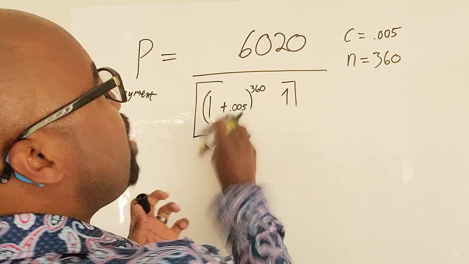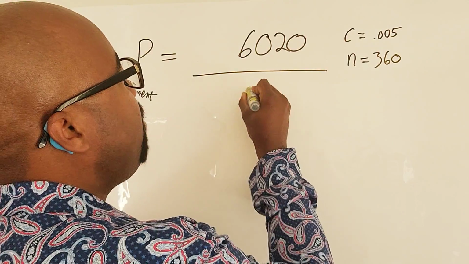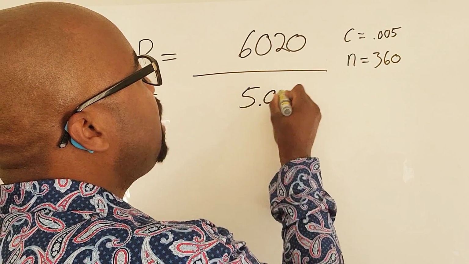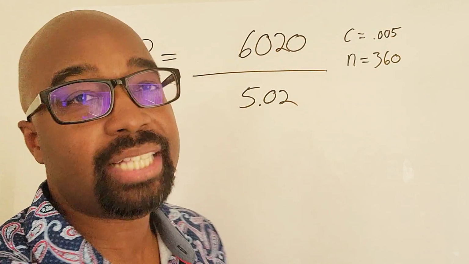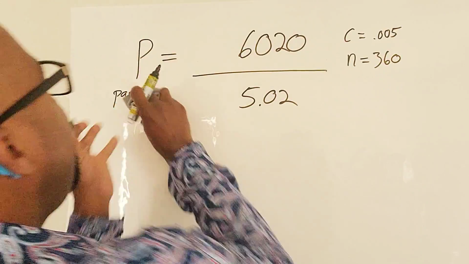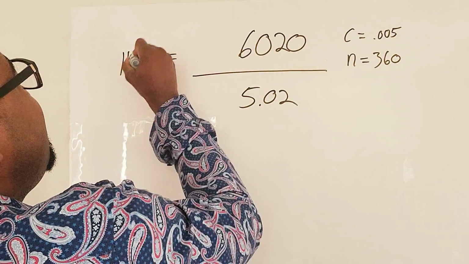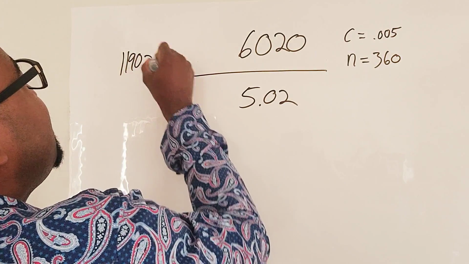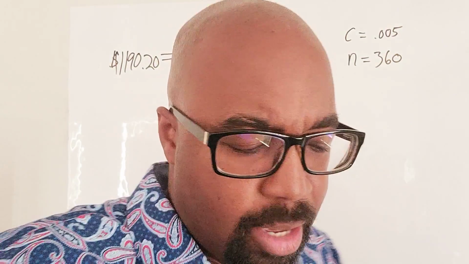We can just erase this. Okay, 5.02. All you have to do is divide that number by this number, 6,020 divided by 5.02. You're going to end up with 1,190 and 20 cents.